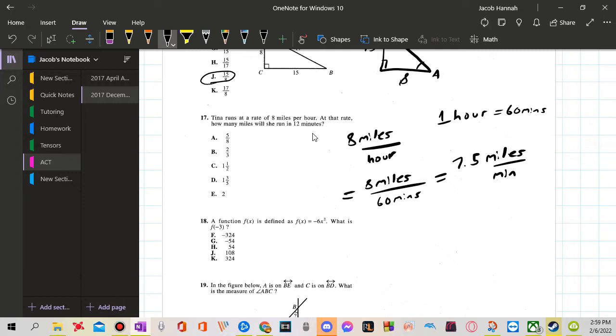Since there's only 1 minute. So, 7.5 miles every 1 minute that she runs. That's not right. Oops. That's 1 mile every 7.5 minutes. Alright, that's correct now.